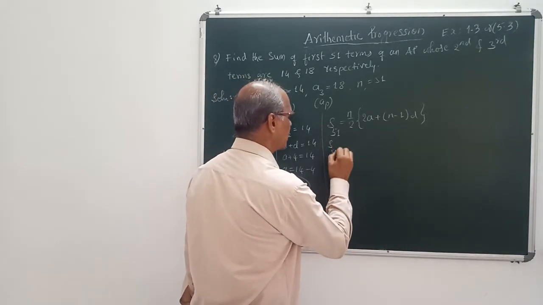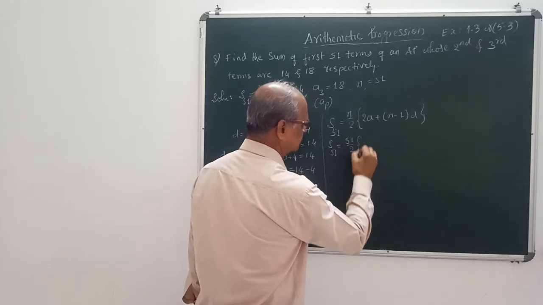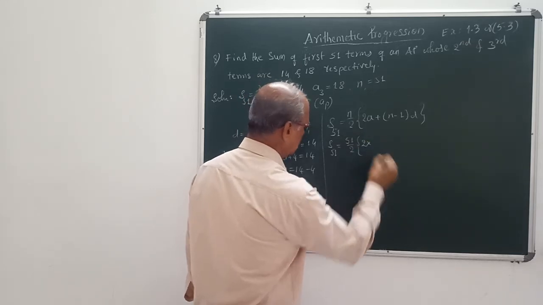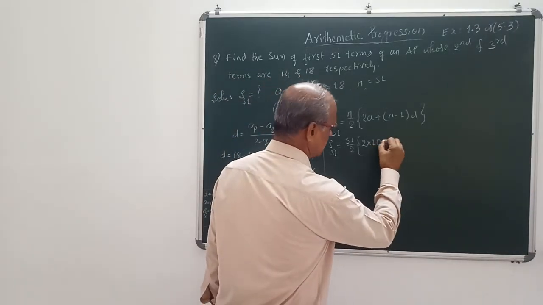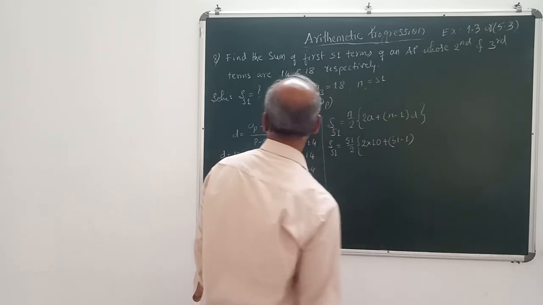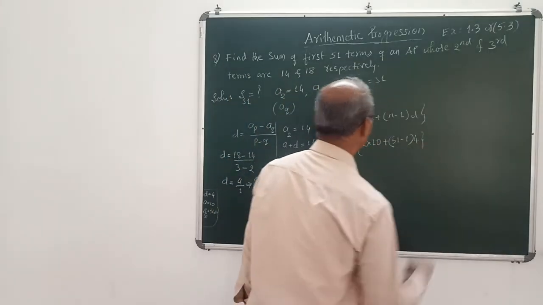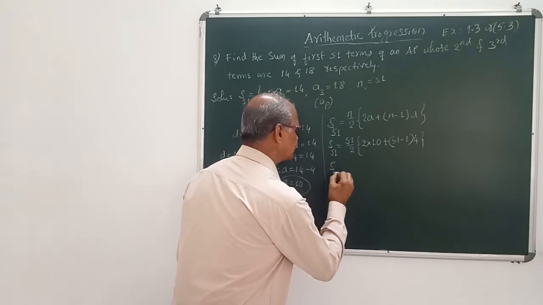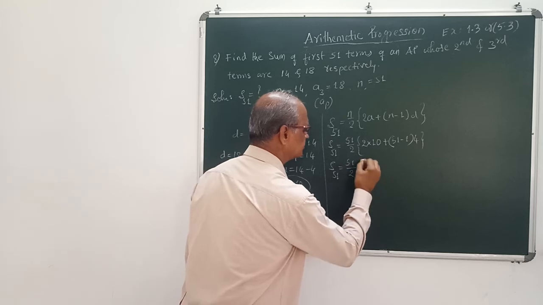So S51 is equal to n is 51 divided by 2. 2 into A value is 10, that means it is 10 plus n is 51 minus 1. D value is 4. Bracket close. S51 is equal to, cancellation is not possible, keep it as it is.